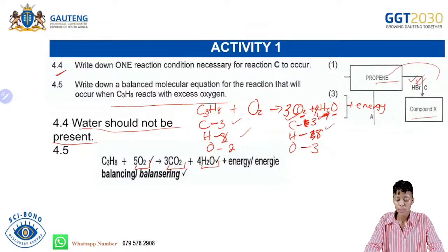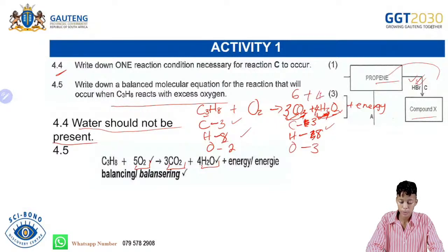And then you need to balance your oxygens. On the right-hand side, it's 3 times 2 from the carbon dioxide, so you have 6, and then 4 multiplied by 1 oxygen, so plus 4, which means you now have a total of 10 oxygens. On the left-hand side you have 2 oxygens.